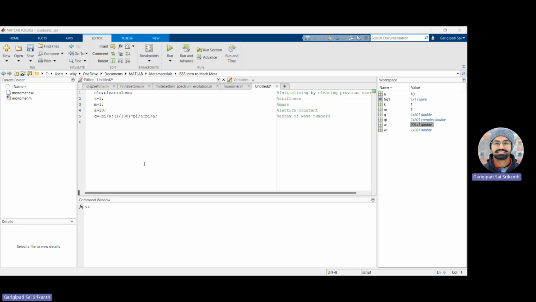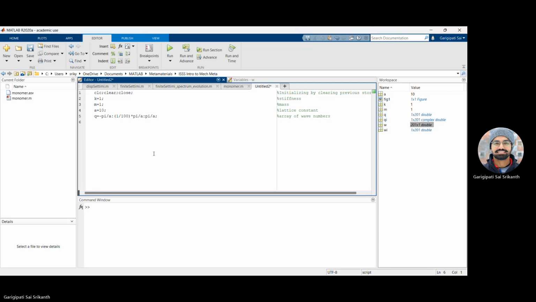What we'll do is we'll write the stiffness matrix. So we'll write the stiffness matrix K, capital K. Let me use capital A, because capital K is already used, I think, in many places.